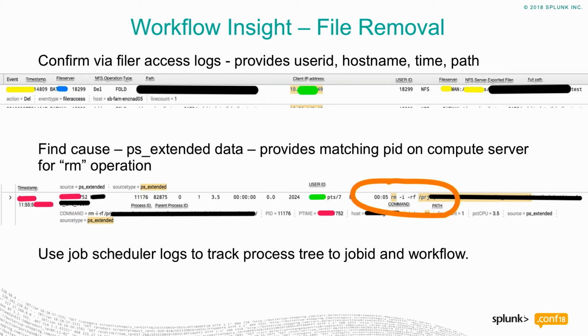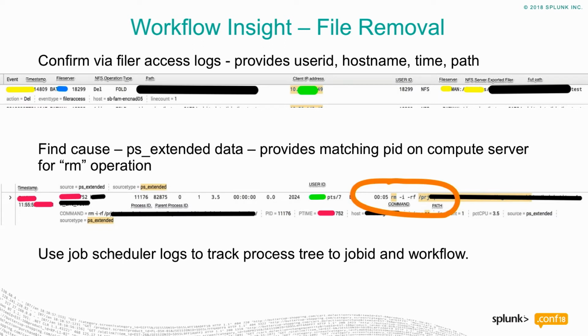did files get removed? In our environment, on our storage servers, we're able to log file accesses, removes, renames, creates, things like that. So we could tell immediately with the Splunk query, yes, a file removal did occur. And let me explain, I've had to eliminate some of the more sensitive data like the timestamp and the filer name and the IP address.